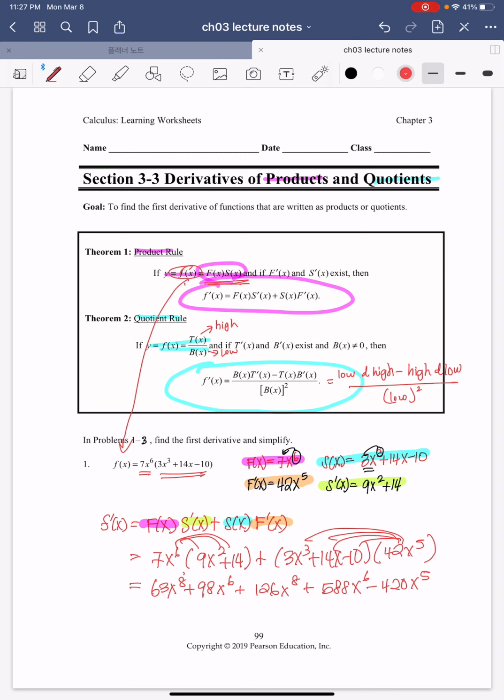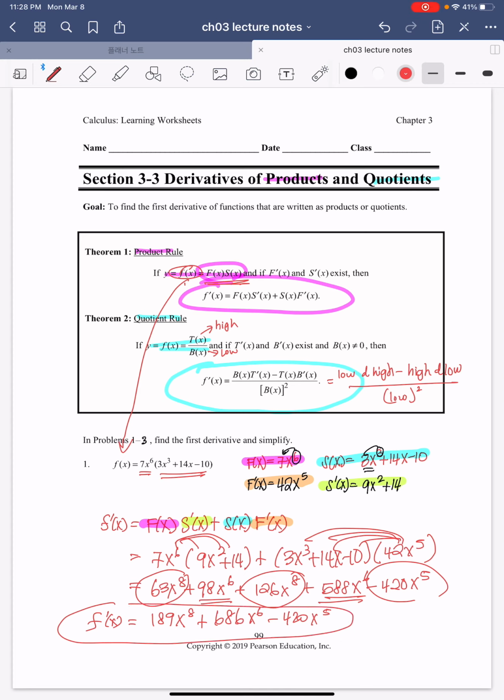I have x to the 8th terms that I can combine, so I have 189 x to the 8th. The x to the 6th terms, combine them together: 686 x to the 6th. And then the last term, negative 420 x to the 5th power. That's it. There's your final answer, your derivative function for this.